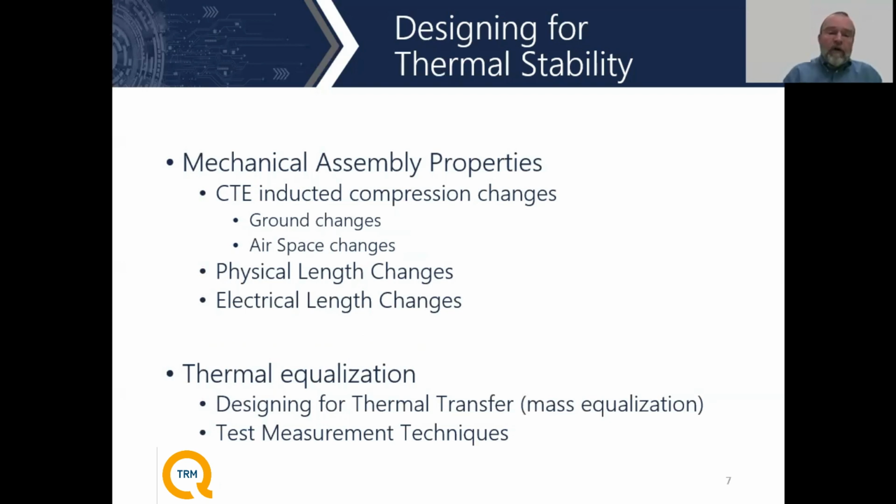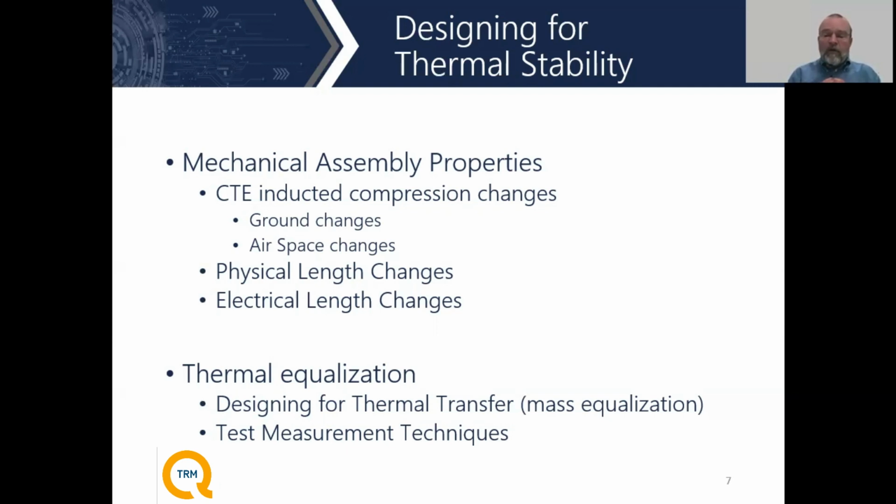I sort of touched on this already regarding the mechanical assembly properties. I can't stress enough how important it is to get a good, solid mechanical layout, to make sure that the compression changes we get in strip line assemblies are actually controlled.